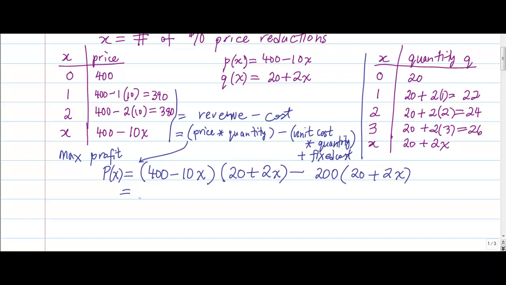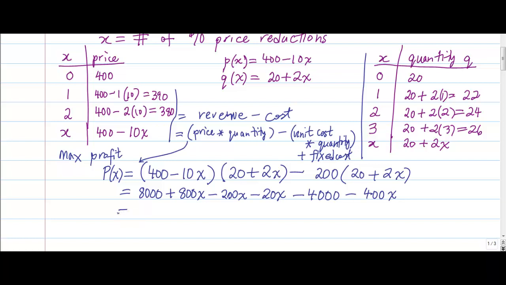So we get 4 times 2, which is 8, and 3 zeros, and then plus 800x. So I'm just foiling these two, minus 200x, minus 20x. Okay, and then minus 4,000 minus 400x.